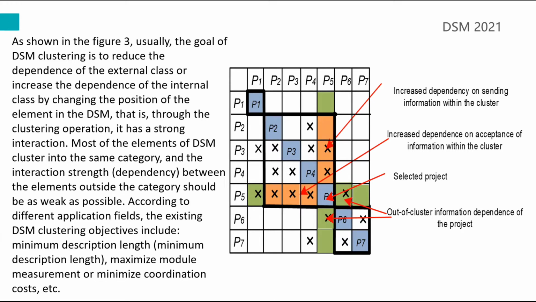According to different application fields, the existing DSM clustering objectives include minimum description length, maximum module measurement, or minimize coordination costs. We can see in this picture the increased dependency on sending information within this cluster.